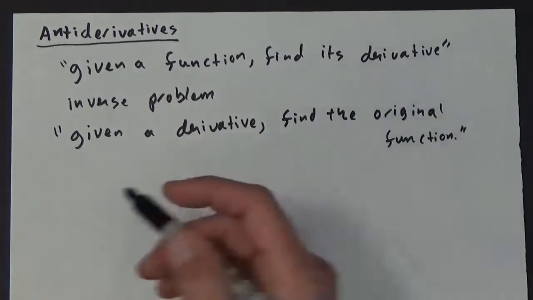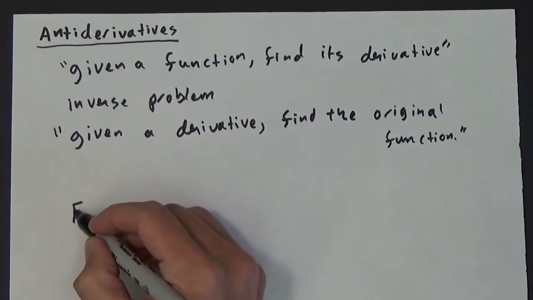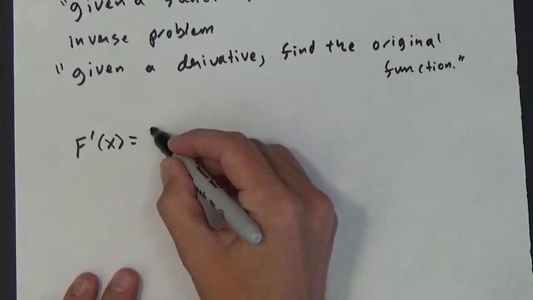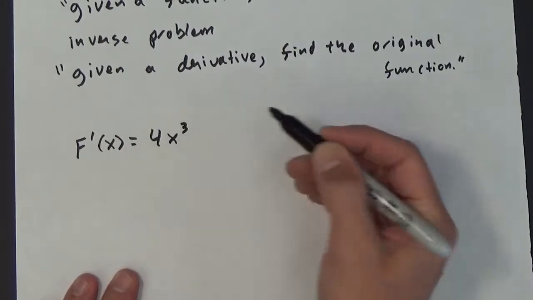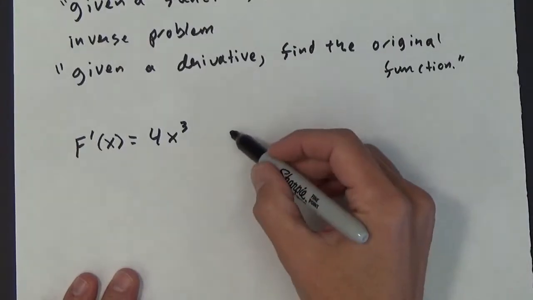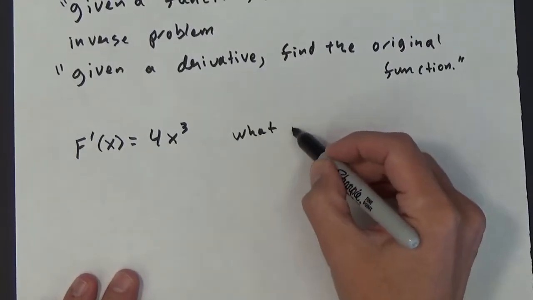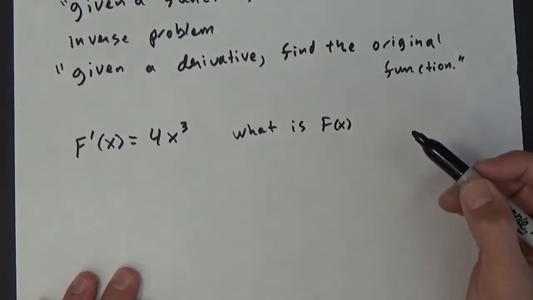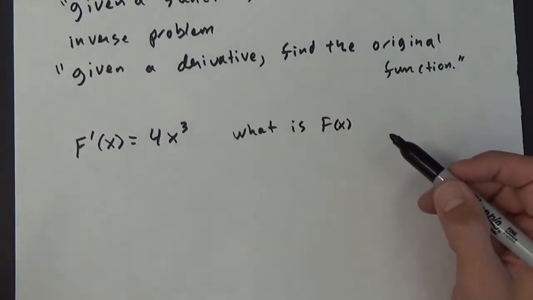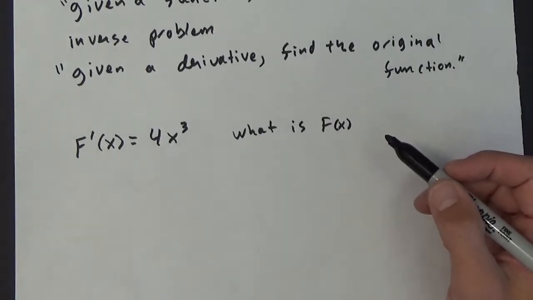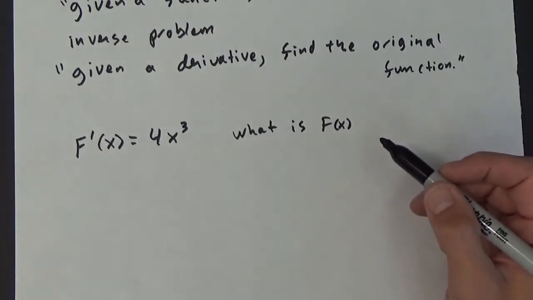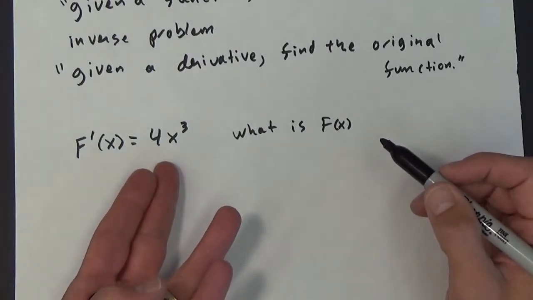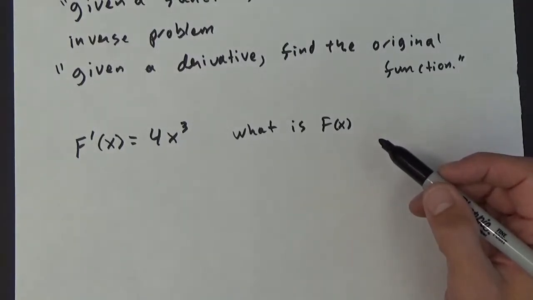Okay, so, for example, let's say I told you that the derivative of a function is 4x cubed. What is f of x? That's an interesting question. We're given the derivative, and so we have to think about, well, what was the original function that when I take the derivative gives me this f prime of x?